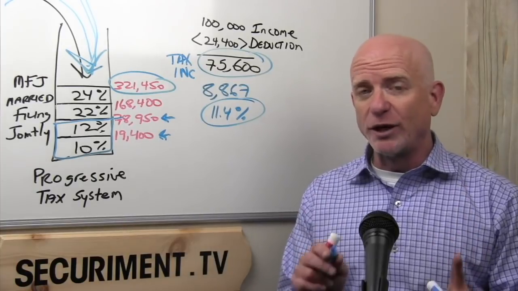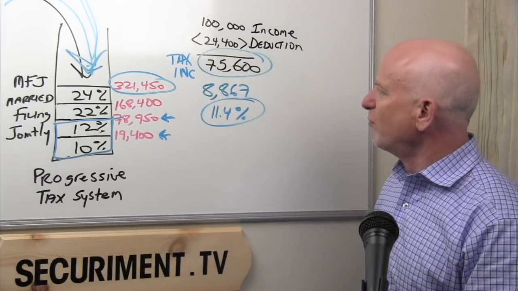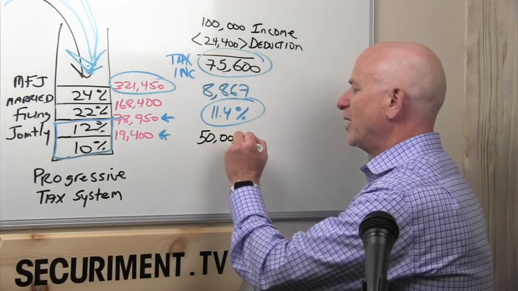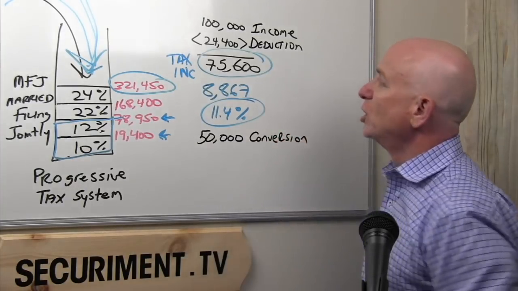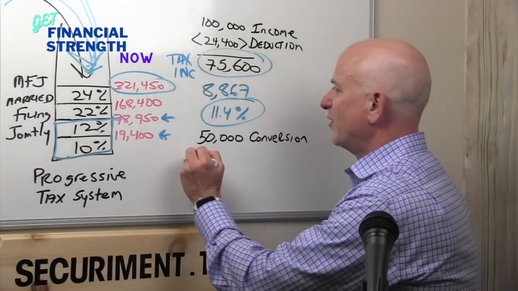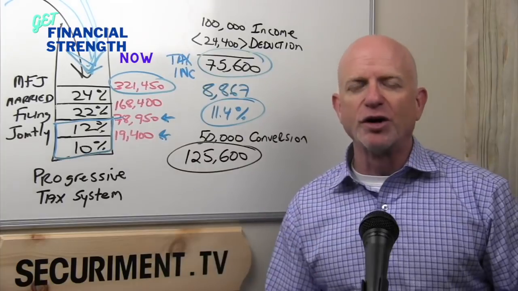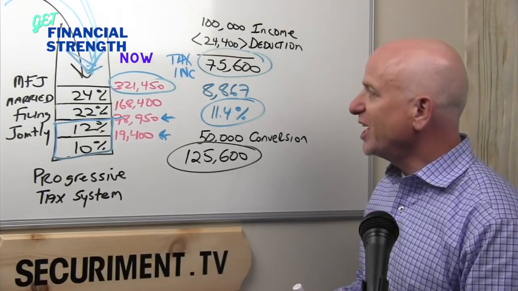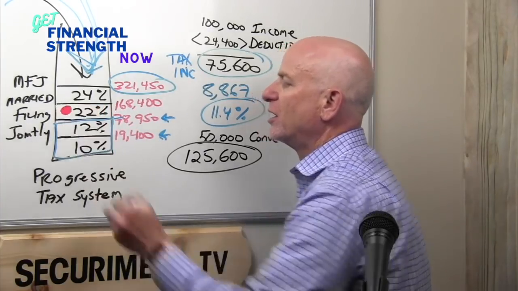Let's move on now and talk about what happens if we have a Roth conversion. Let's assume for a second that we are going to convert $50,000 in this calendar year. We'll call this the conversion. So what we do now is take the 75 we received before in income plus 50. That's $125,600. Now, this is a significantly bigger number. That's why we have to be very careful to make sure this works out economically. As you can see, we are now going to be up here in terms of our marginal tax rate.